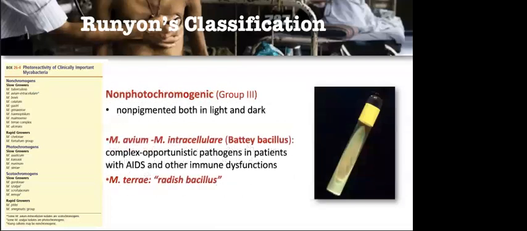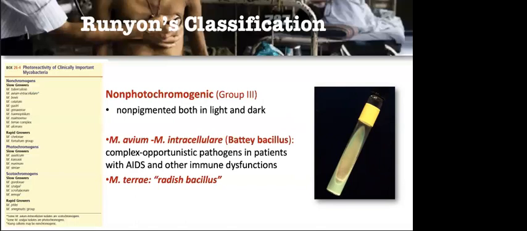Then we have the third group, the non-photochromogenic. This group will not produce pigment either in light or in dark. So again, to recap, group 1 produces colored pigment in light. Group 2, the scotochromogens, produce pigments in both light and dark. The non-photochromogens do not produce pigment whether in light or dark.